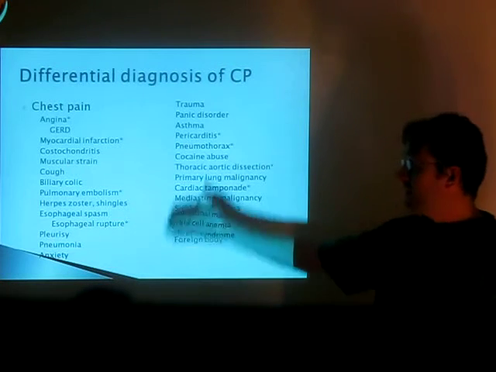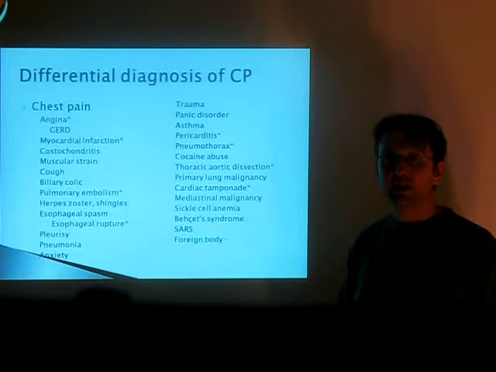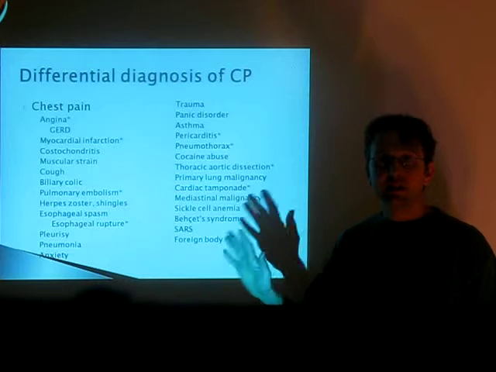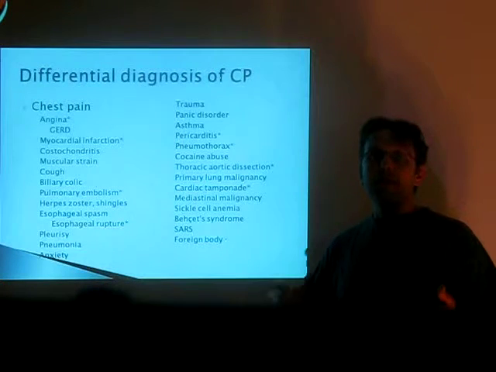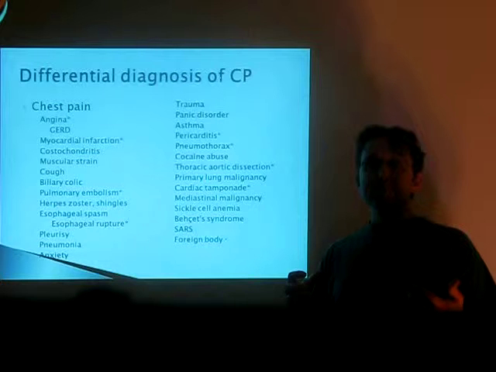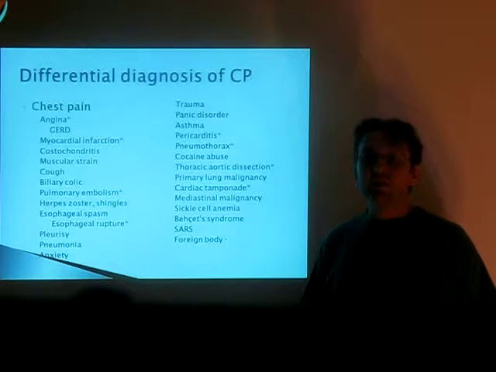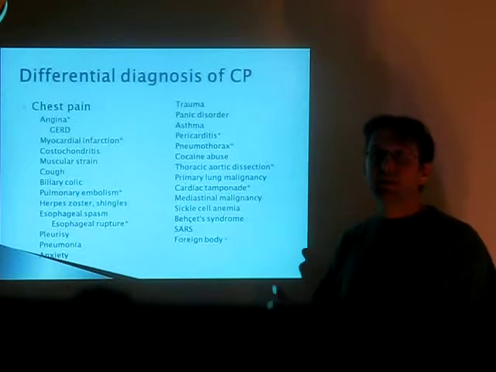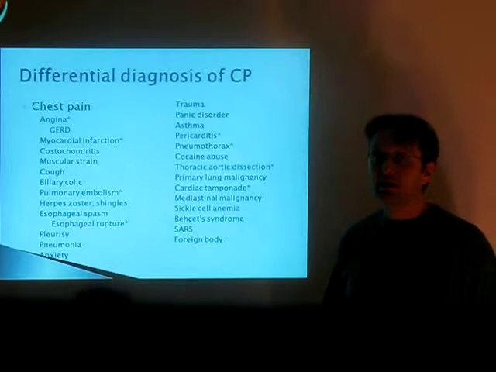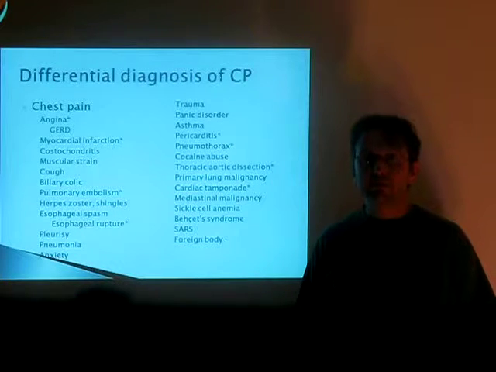Now, as you can see, this list probably has 20 or 30 things on it, and I'm sure you can't read that, and that's actually not important. For many other chief complaints, such as headache or abdominal pain, there may even be more things than this on the differential diagnosis.